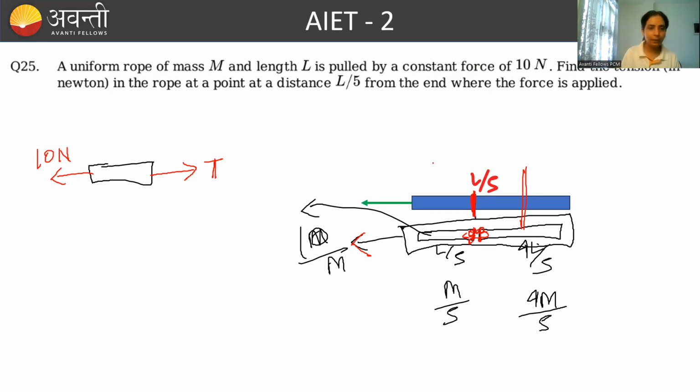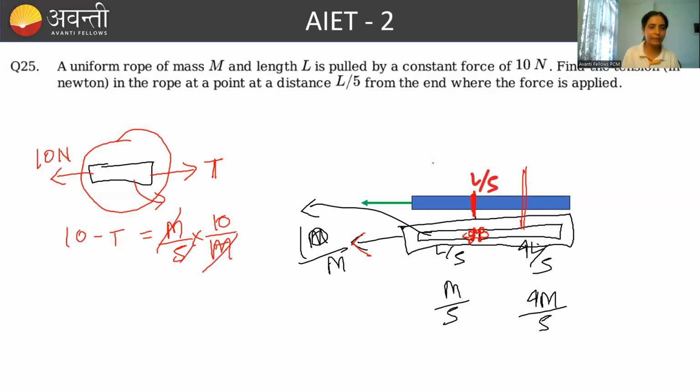Now this is T. Now if you're going to write its acceleration equation, then 10 minus T equal to how much? It is mass of this, that is m/5 into acceleration, that is 10/m. So m will get cancelled, 5, 2. So T value will be 10 minus 2, that is 8 Newton.